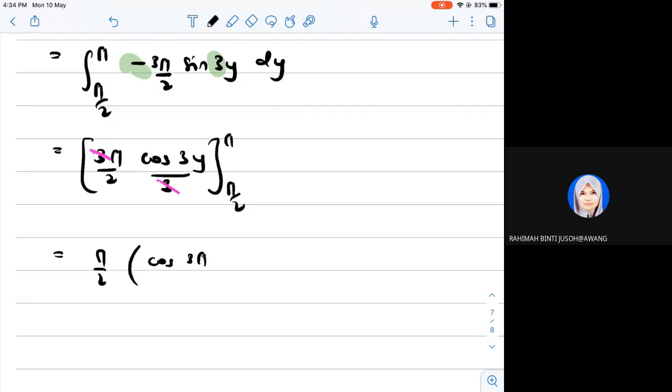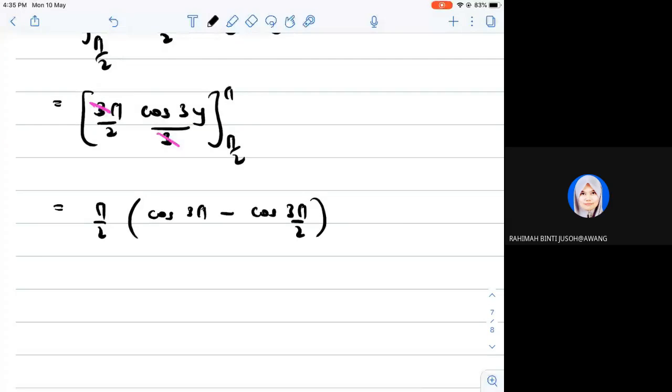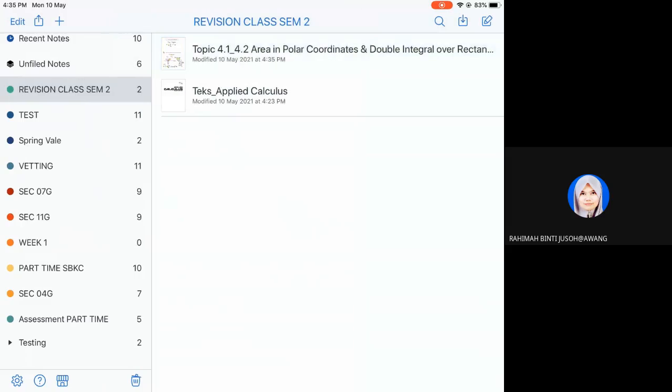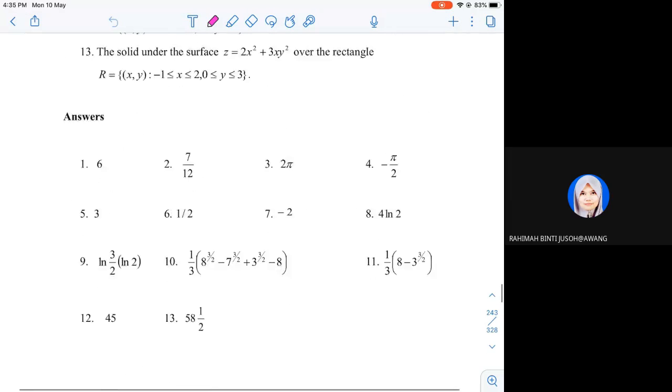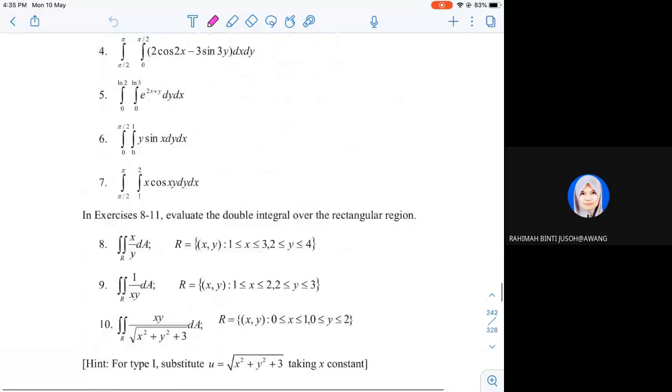So cos 3 pi minus cos 3 pi over 2. Cos 3 pi over 2 is 0. So cos 3 pi is negative 1. Therefore, the answer is negative pi over 2. Question number 4, negative pi over 2, okay.